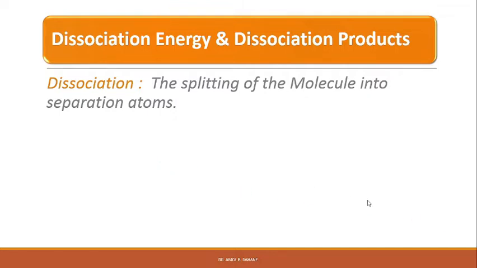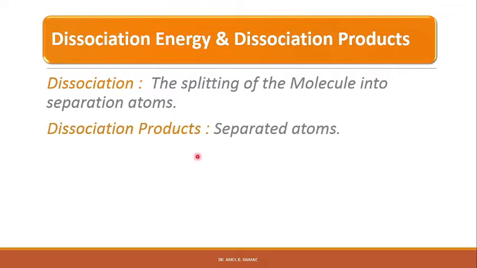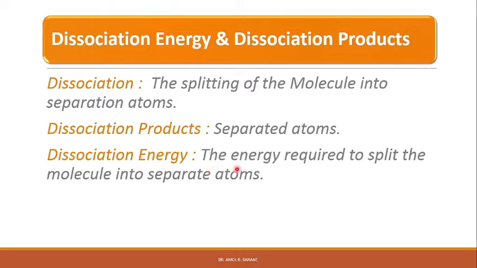Since the molecule dissociates into separate atoms, the atoms are the outcome of the dissociation process. Hence, they are called dissociation products. So what are the dissociation products? The separated atoms are the dissociation products, right? And the energy that is required to split the molecule into separate atoms is called the dissociation energy, right?